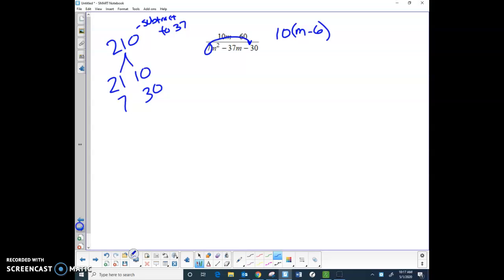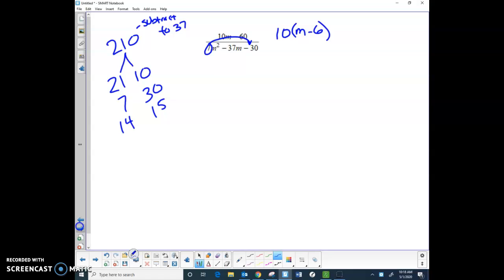That gets me to 210. That also gets me to 37, but remember our signs are different and we need these numbers to subtract from each other to get that 37, and these numbers add. So that one doesn't work. I can do, let's go, 30 is 2 times 15, so 14 times 15 ought to get me to 210. That one doesn't work either, but I'm not really getting any closer.